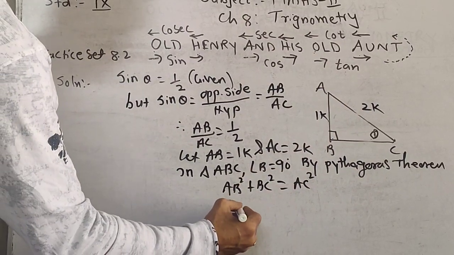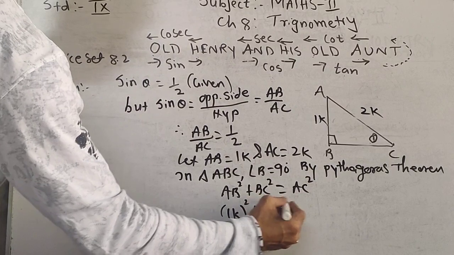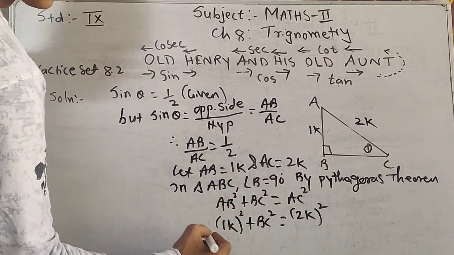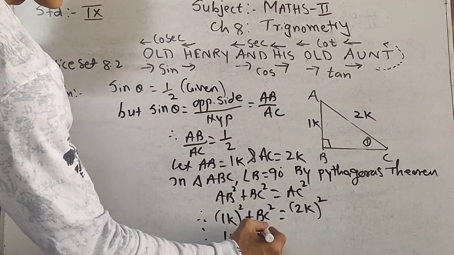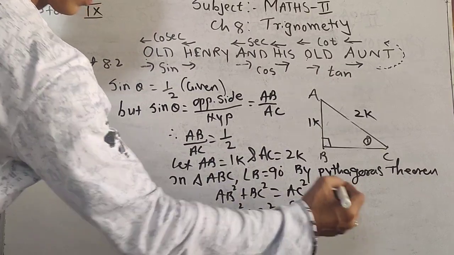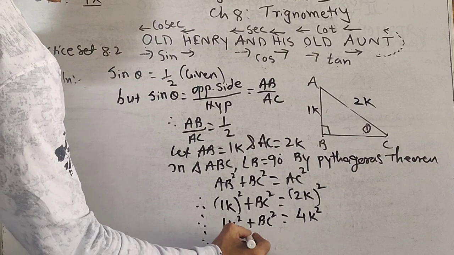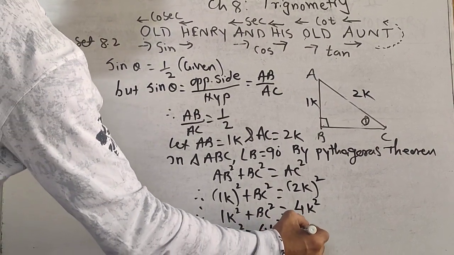Okay, Pythagoras theorem is, you know, AB square plus BC square is equal to AC square. AB is 1K, 1K का square, BC you don't know, same, and AC is 2K, 2K का square. तो ये हो जाएगा 1K square plus BC square is equal to 4K square. This will go there, becomes minus. So BC square is equal to 4K square minus 1K square.